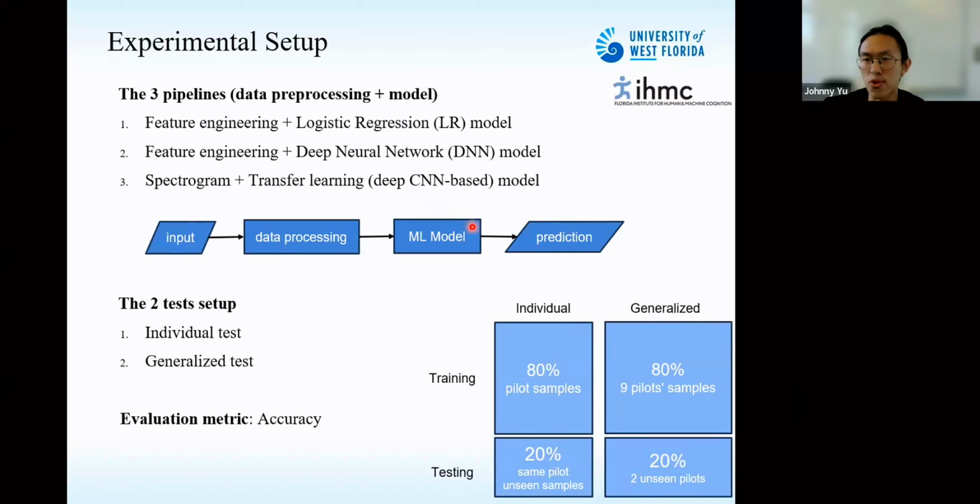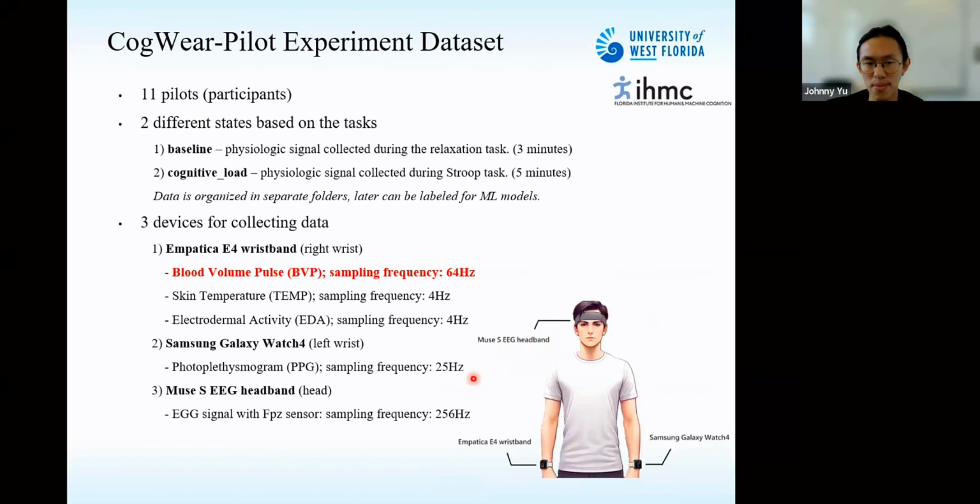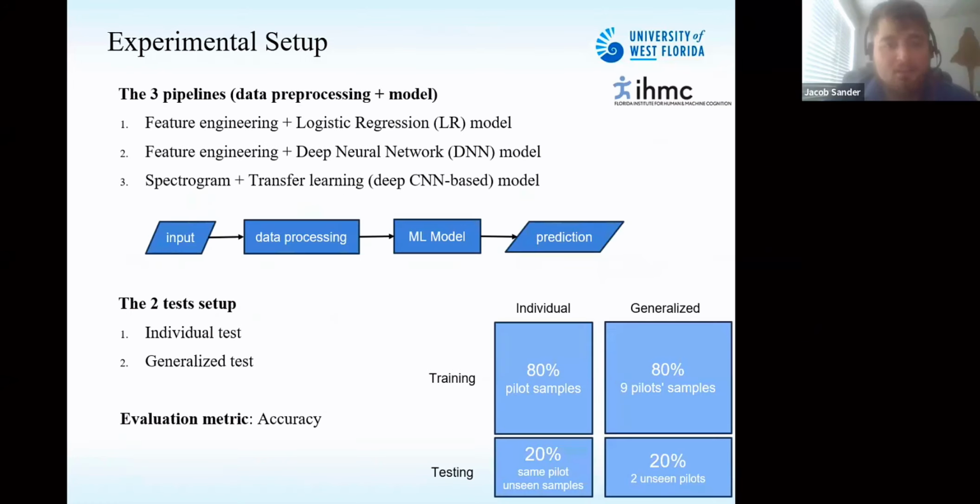If we roll back a few slides, it's people wearing devices like this and doing this Stroop test, and they record with these consumer-level devices with different types of signals. To be specific, we only chose one of the signals for our 3 pipelines to get some preliminary results. Okay, so let's move on to feature engineering.